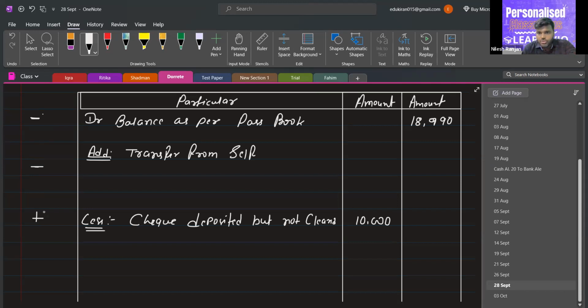So the result was we have to increase, but the balance is negative. That's why we have to decrease our check deposited. And in the same manner, the transfer from the other account should be decreased here, but the balance is negative. That's why it is added here, 8,000. Is this clear? Yes, sir.